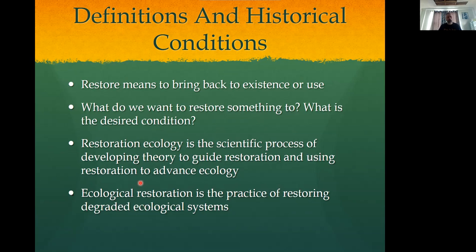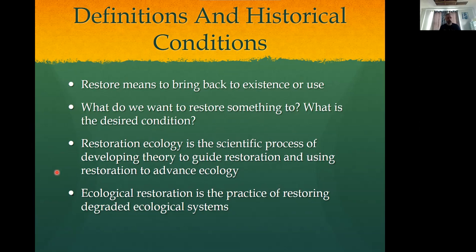And so really what you'll be doing here is a two-phase thing, and all we're going to do with those two phases is flip two words around. We're going to begin with what's called restoration ecology, and restoration ecology is where we figure out how to restore things.